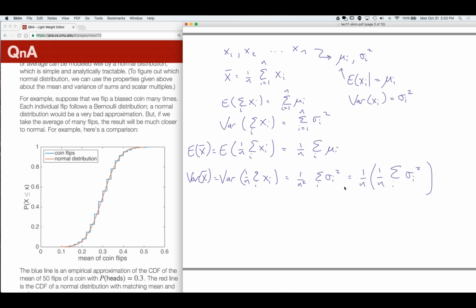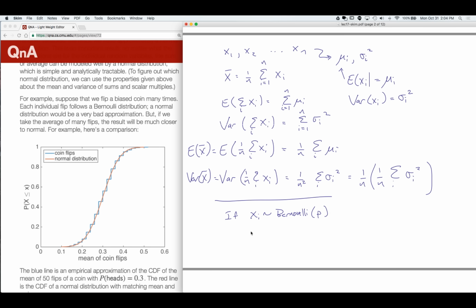So we can calculate the mean and variance. In particular, if we look at the coin flips, suppose xi is distributed as Bernoulli with probability p.